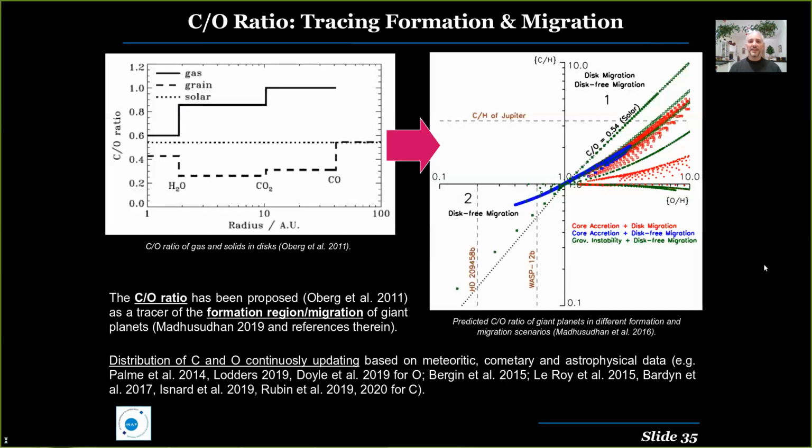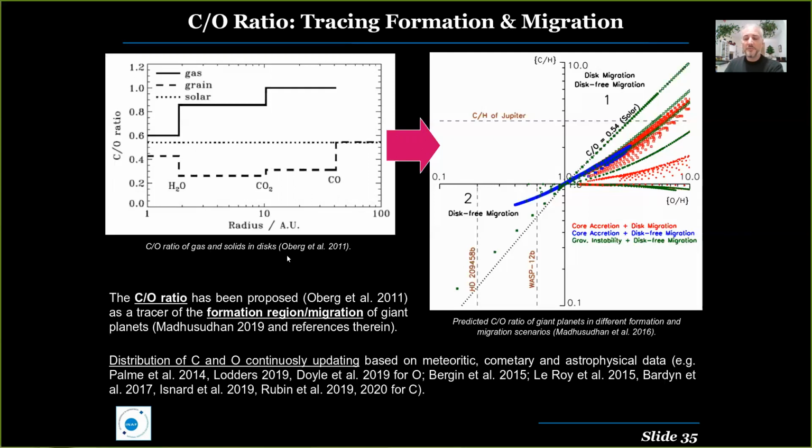We can do something better if we add composition in terms of abundance of different elements in the picture. This was proposed about 10 years ago by identifying the C/O ratio, the carbon to oxygen ratio of planets, as a tracer of the formation region and their migration.